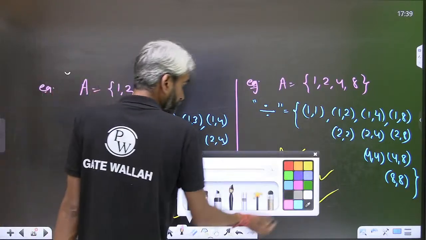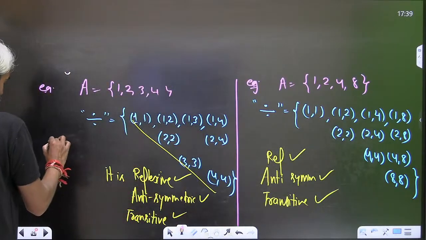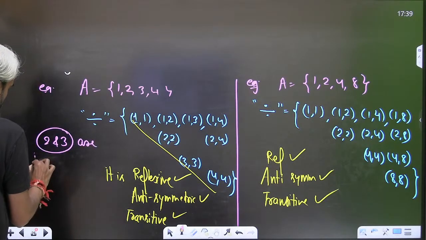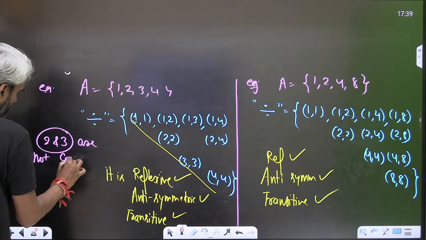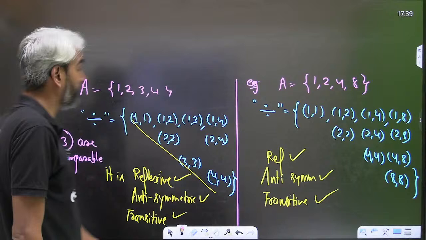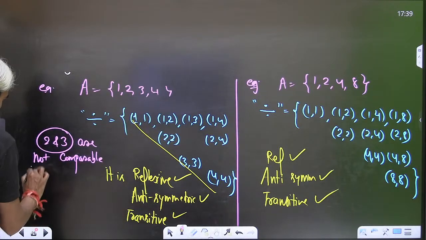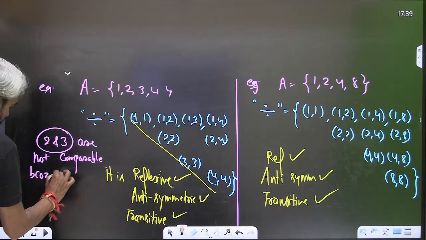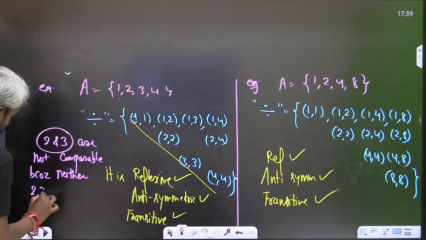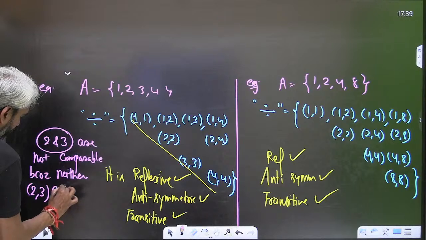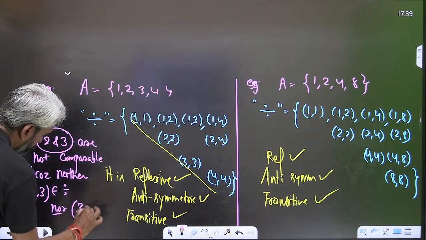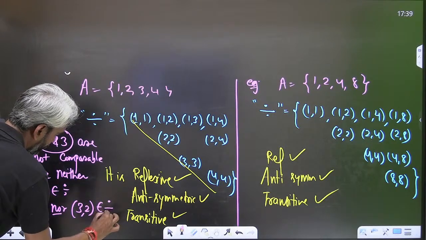Now, my question is, 2 and 3 are not comparable, because neither 2 divides 3; neither (2, 3) belongs to divide, nor (3, 2) belongs to divide.